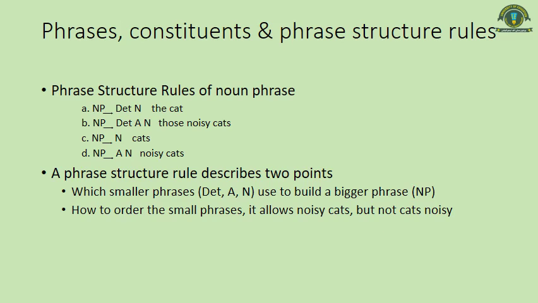And the second one is how to order the smaller phrases in a basic phrase. It allows noisy cats but not cats noisy. So we need to follow a particular rule and principle to make a meaningful phrase.